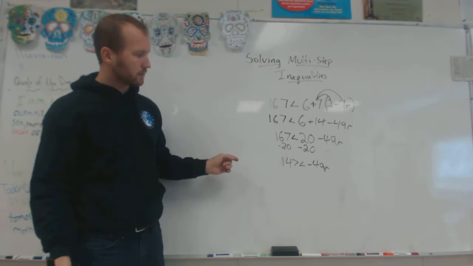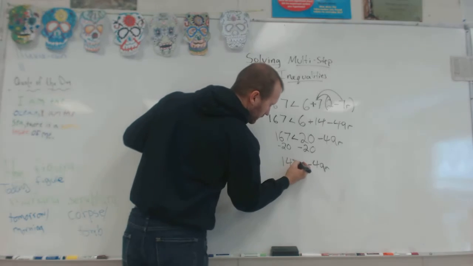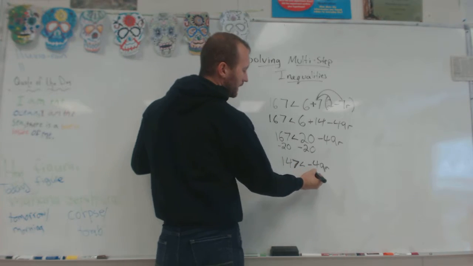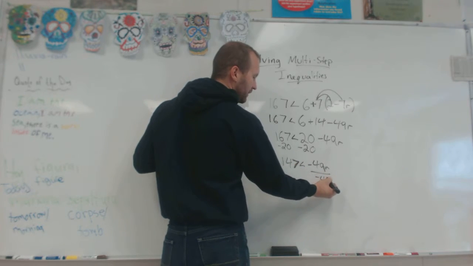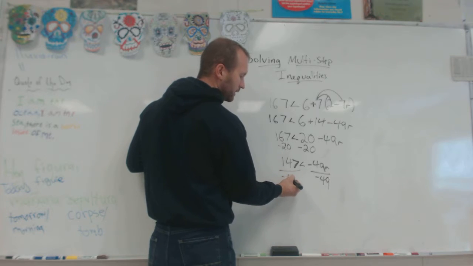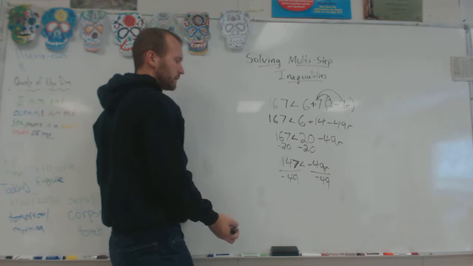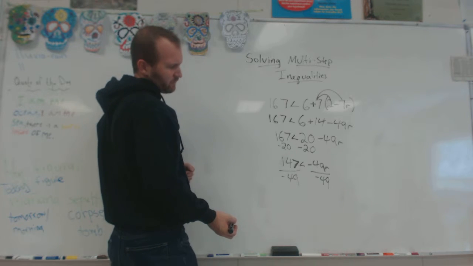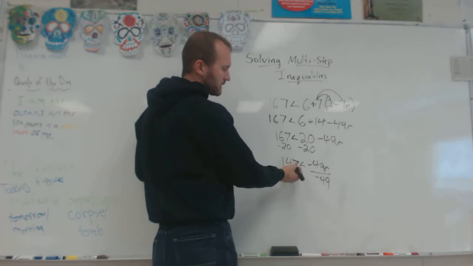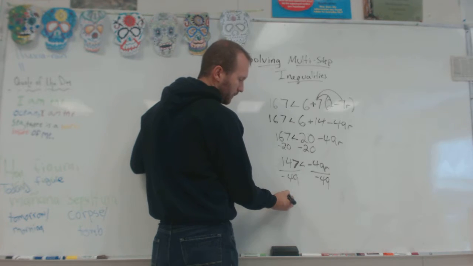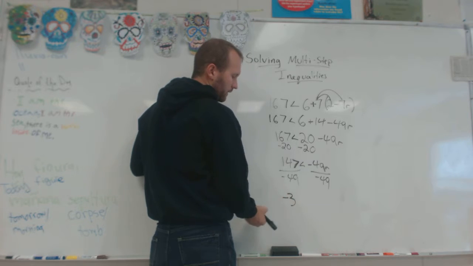And then now I'm going to divide by negative 49. I'm dividing by a negative. Alarms are going off in my head. Why? Because it's going to switch around. And I believe that 49 goes into here exactly 3 times. But a positive divided by a negative is a negative.